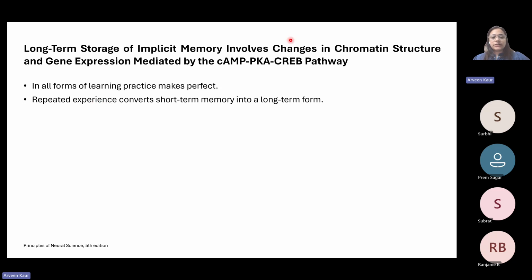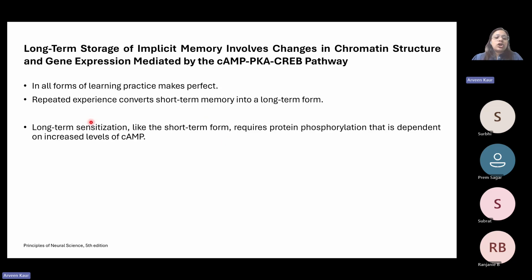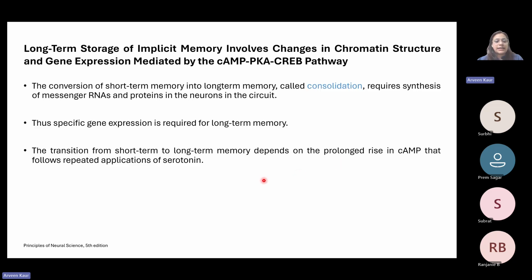So for now, in all forms of learning, practice makes perfect, right? Repeated experience converts short-term memory into long-term form. So what happens during this consolidation? Long-term sensitization, like the short-term form, requires protein phosphorylation that is dependent on increased levels of cyclic AMP.